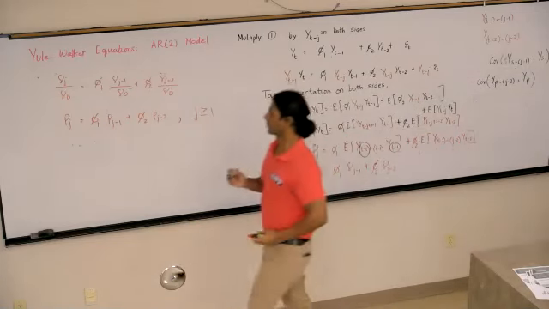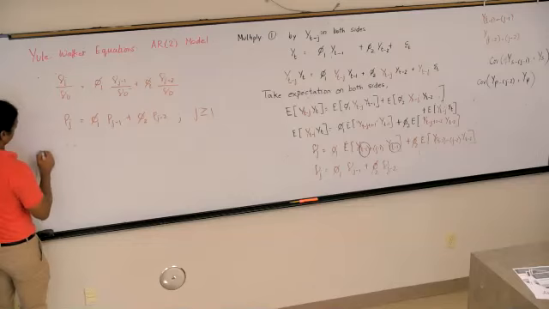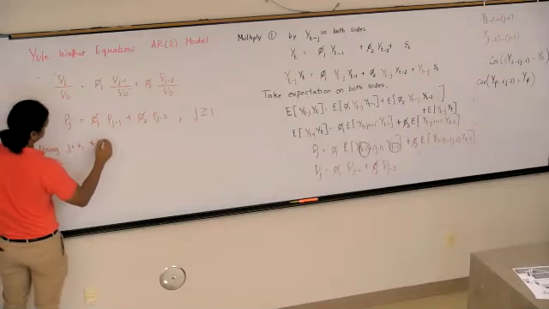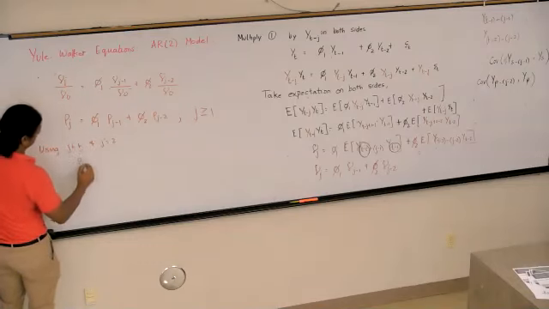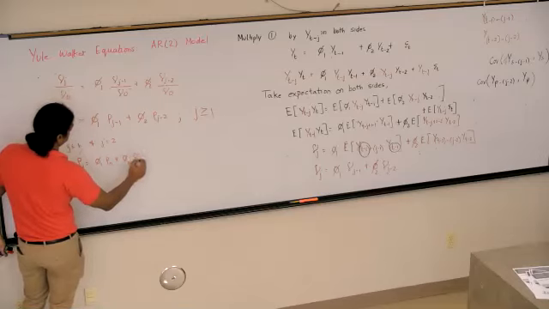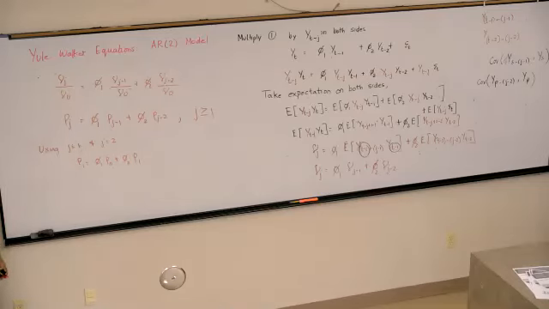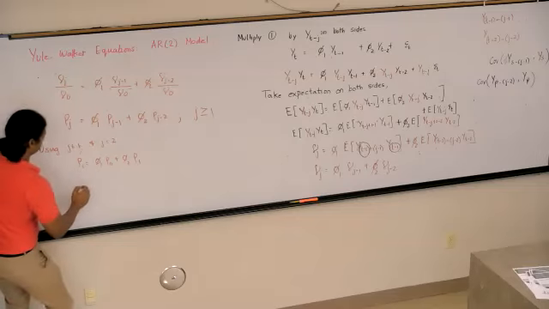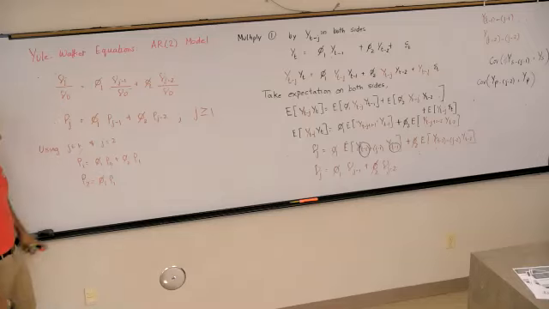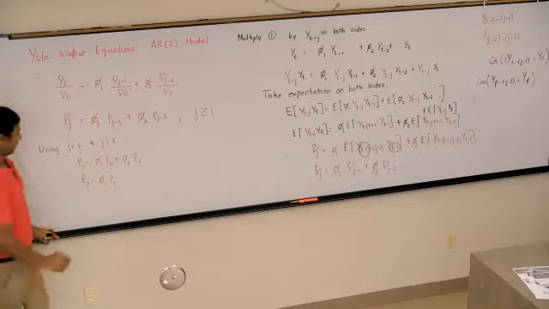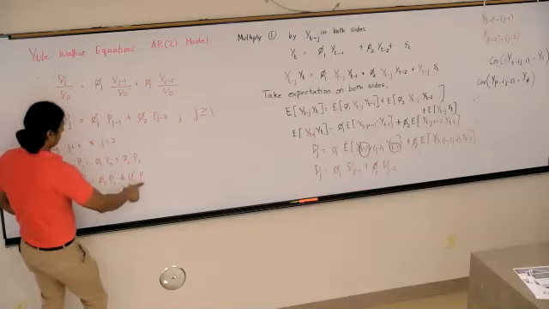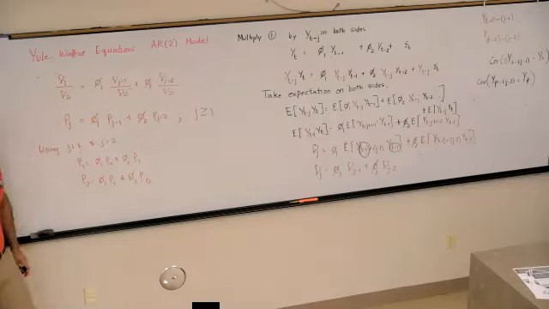Because rho naught is equal to 1, when you plug in j equals 1, you end up with phi1 plus phi2, rho, not p, it's rho. 2 minus 1 is rho 1, and 2 minus 2 is rho 0.